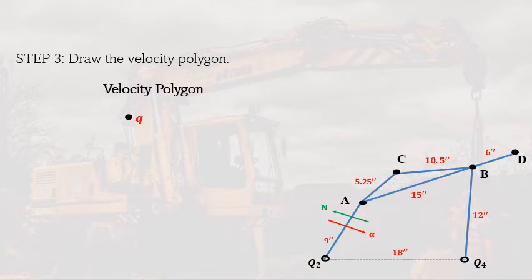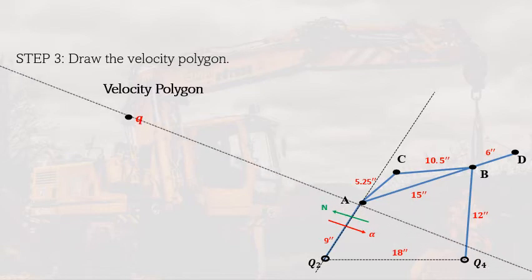So we select a pole Q anywhere, and then from that pole Q we draw the velocity of A. It can be drawn by drawing a line that is perpendicular to QA in the actual drawing from the point Q. You can see that this line is perpendicular to QA, because that is also the direction of the velocity of A. Since we already calculated the velocity of A, we can plug it in here.